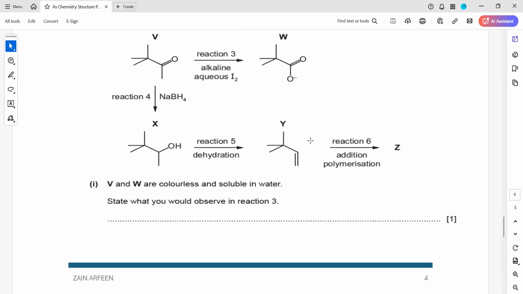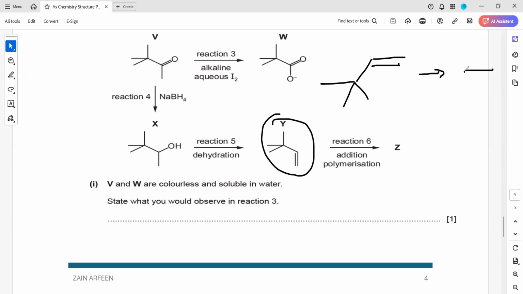So we have Y. What we do is simply flip this. If I flip this molecule, it will be C double bonded with, and there are, so I just flip the molecule. Now, if I want to make a polymer, I remove this double bond.